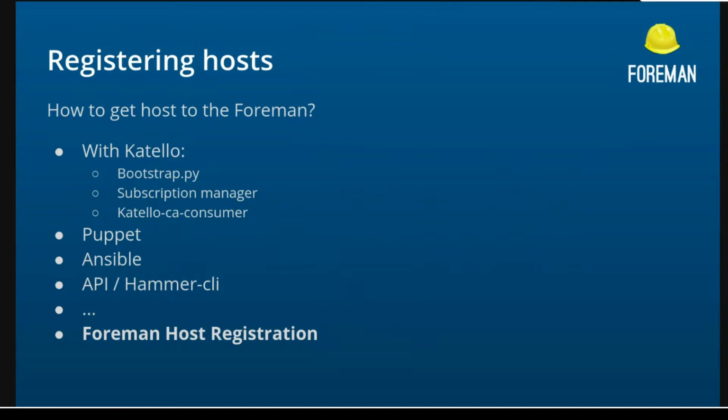The same goes with Ansible. If you set up the Ansible callback to the instance and run some playbooks on the host, Foreman will collect these facts and import the host object to the database. And there is always the API and Hammer CLI too. So if you want to do it manually, feel free, you can do it.